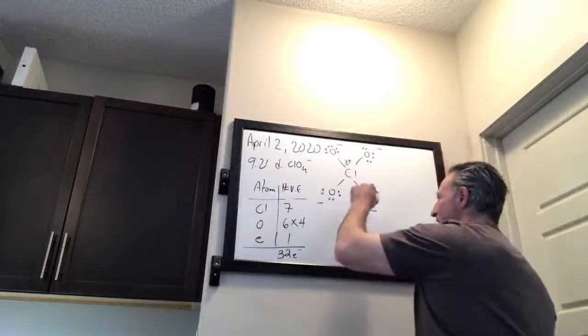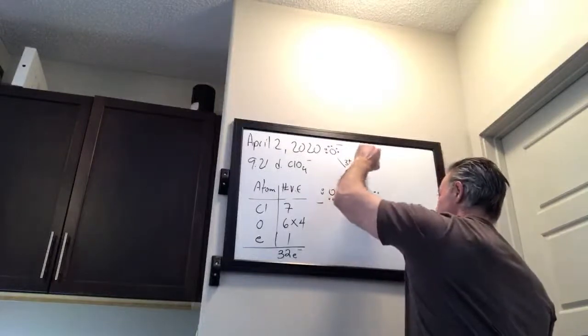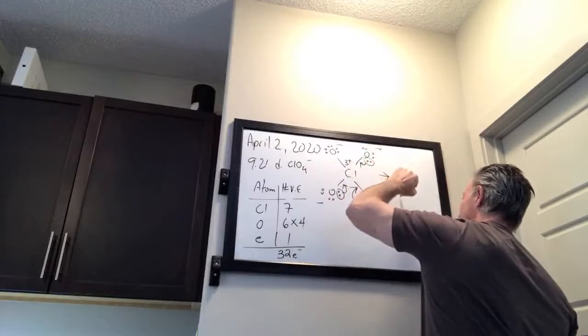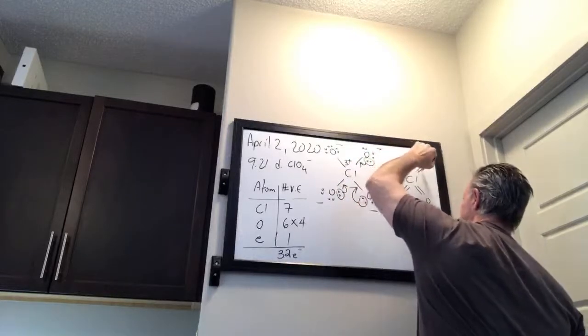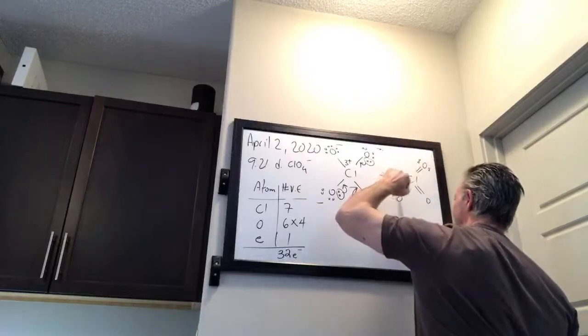The way to remedy that is to share lone pairs between oxygen and chlorine, creating some double bond character, and this is what perchlorate ends up looking like. Everything has an octet.